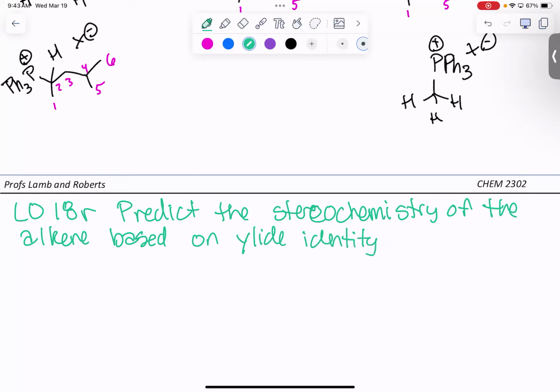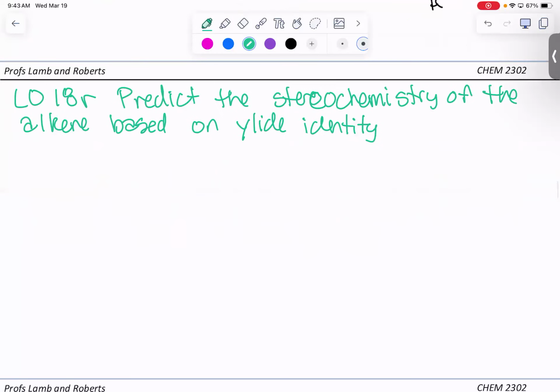Oftentimes we have stereochemistry that's correlated to one component or the other, and in this case, we're thinking about the ylide, that strange plus-minus intermediate. So let's go back to our generic reaction.